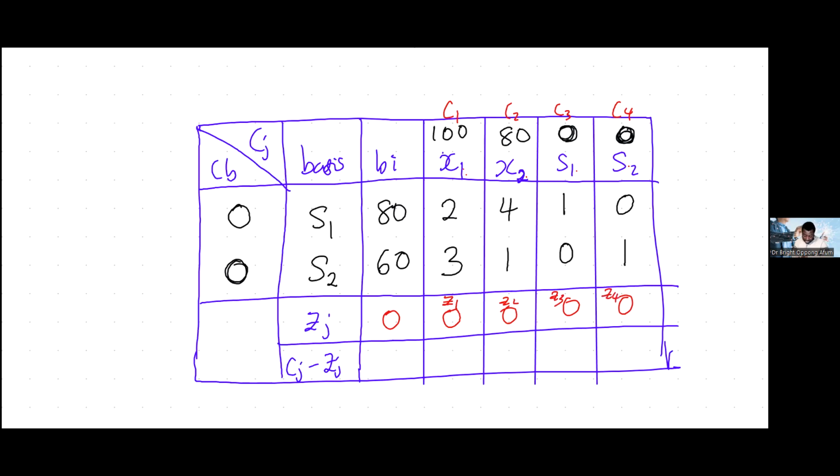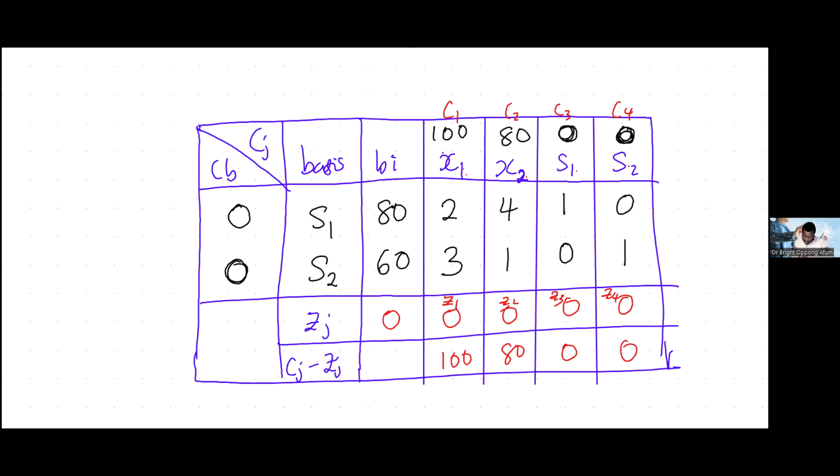So Cj minus Zj is simply 100 minus 0 is 100. 80 minus 0 is 80. 0 minus 0 is 0. 0 minus 0 is 0.